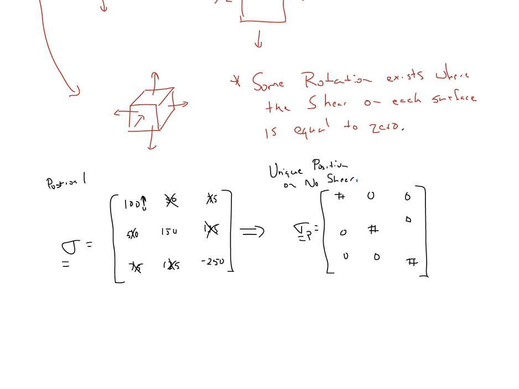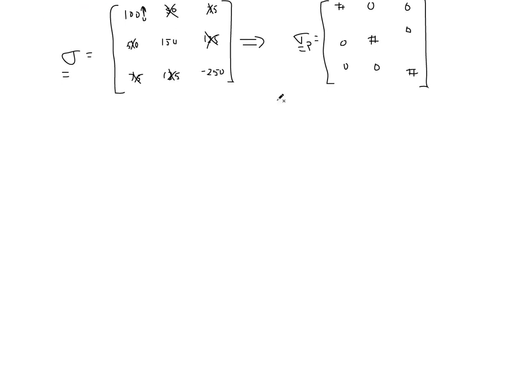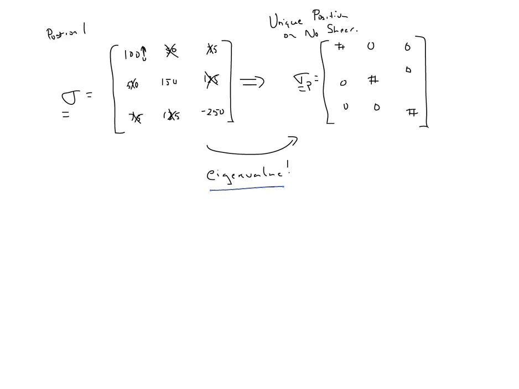Well, those of you that remember your vector calculus know that this is really an eigenvalue problem. So if you heard the word eigenvalue and thought you'd never need to use it again, sorry. Extremely important here. If you don't remember what an eigenvalue is, these are basically eigenvalues right here.